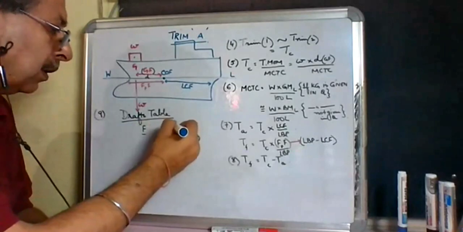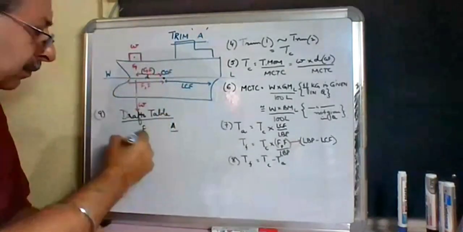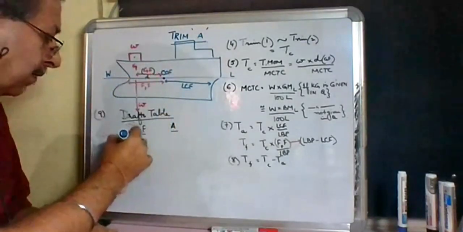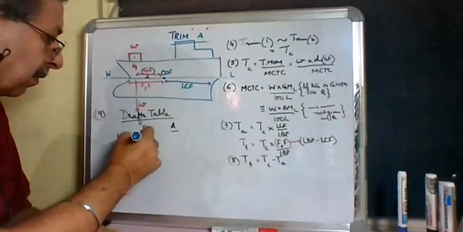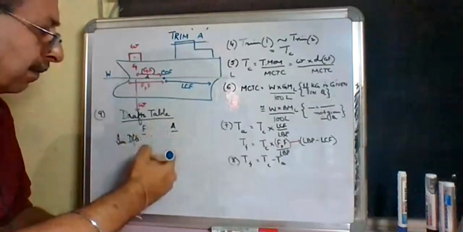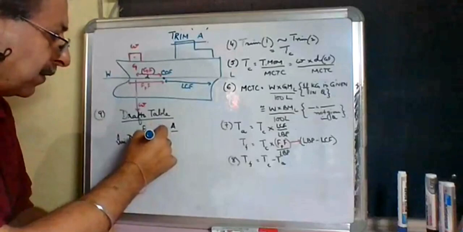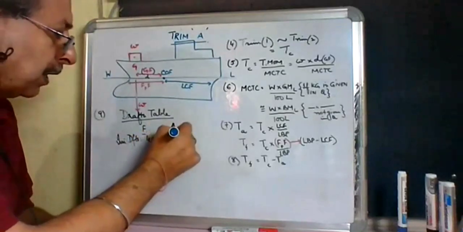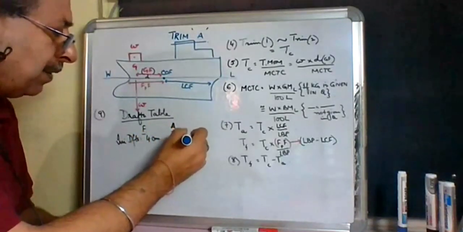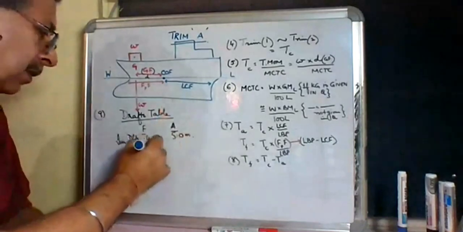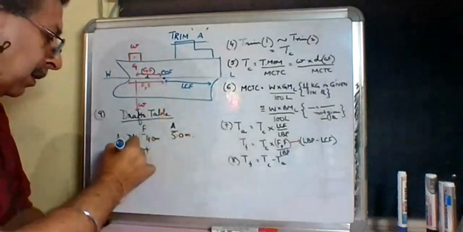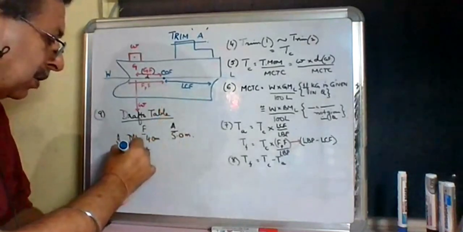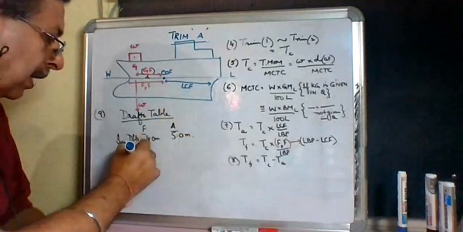So, the drafts table: forward, aft. These will be my initial drafts. Let's say my drafts are forward 4 meters, supposing aft is 5 meters. Then in this, mean sinkage or rise.